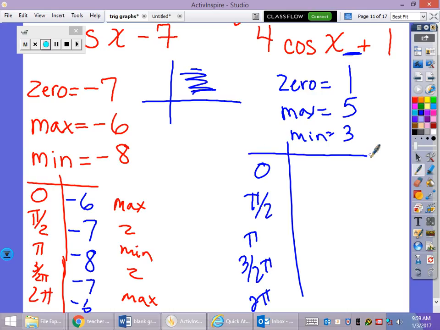And the pattern for cosine is right here: max, 0, min, 0, max. And if you'll go ahead and tell me what's the max again? 5 followed by a 1 followed by a 3, then a 1, and then back to 5, yes? Everyone good?